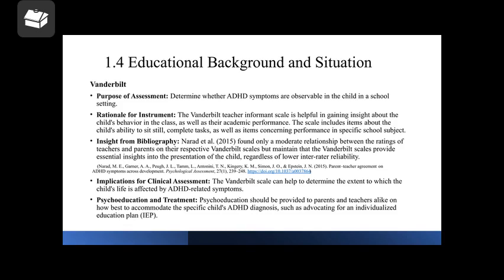Some of the questions on this assessment are geared towards oppositional defiant disorder. They also look for symptoms of depression and anxiety. It could be that the child scores lower on items related to ADHD and a little higher on items related to ODD, depression, and anxiety.